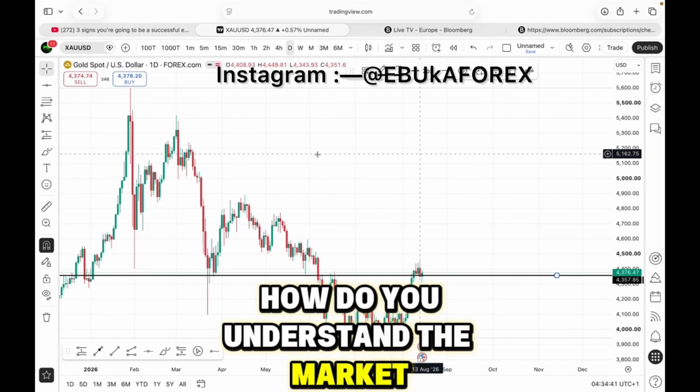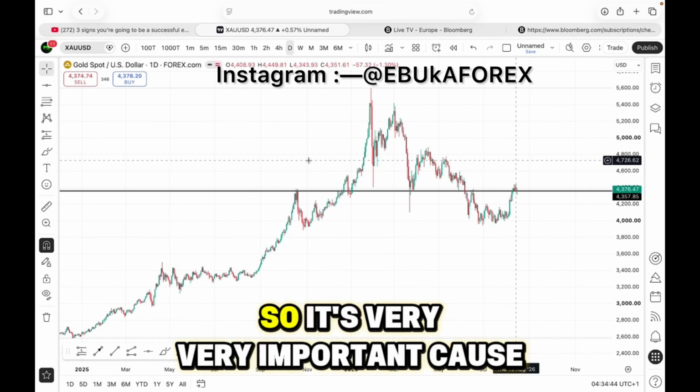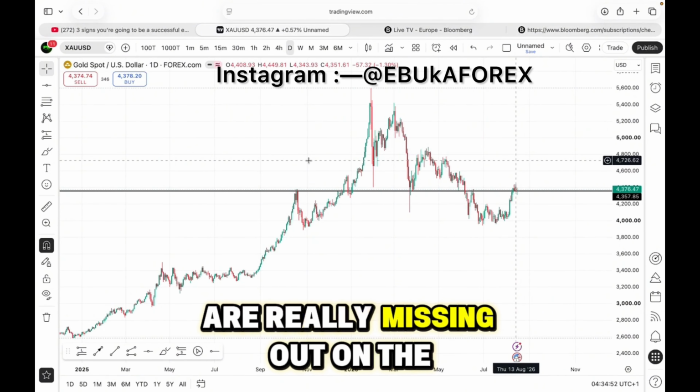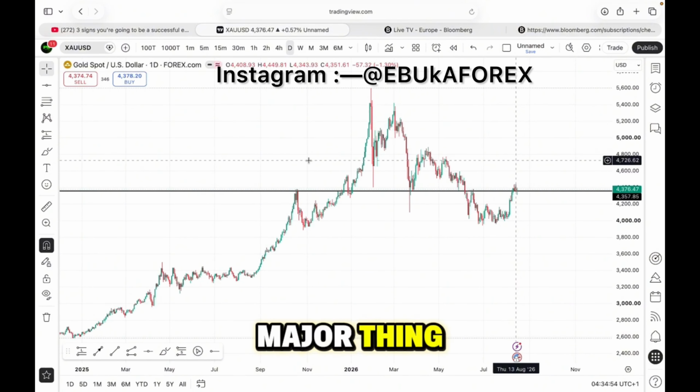understand the market structure? It's very important because a lot of you guys are really missing out on the major thing.